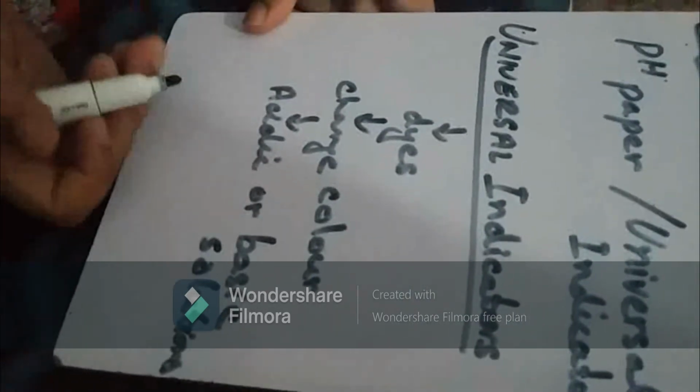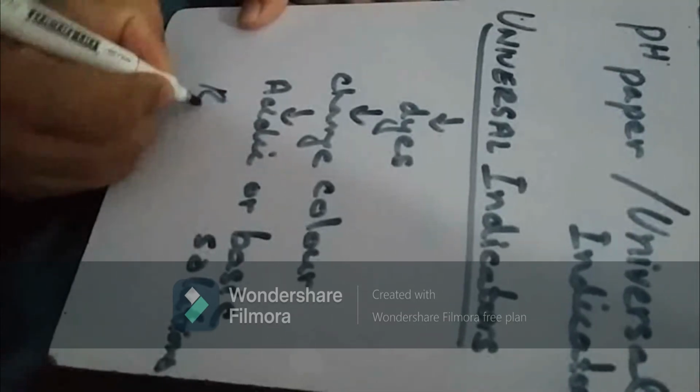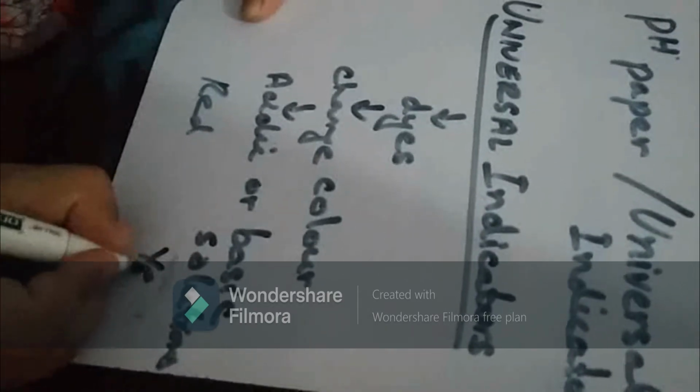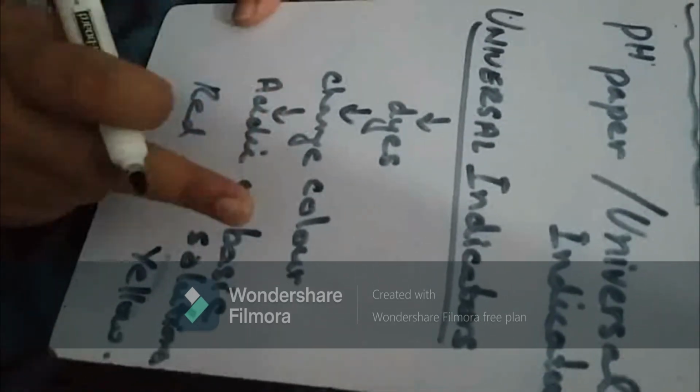Let's suppose the solution is acidic, then the color of the universal indicator will be red. We are just supposing, if it is a basic solution, then the color will be yellow, green or violet, right? So universal indicators are dyes which change their color in acidic or basic solution.